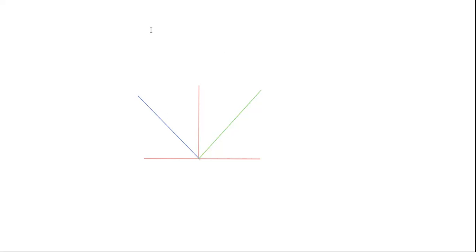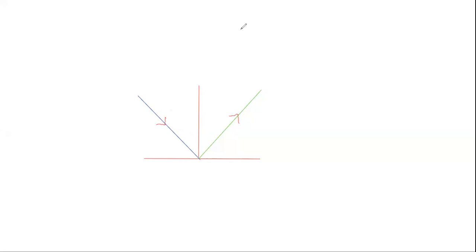Now suppose this one. Mentioning of arrow is really important because these arrows will tell you from where it is coming and in which direction it is going.